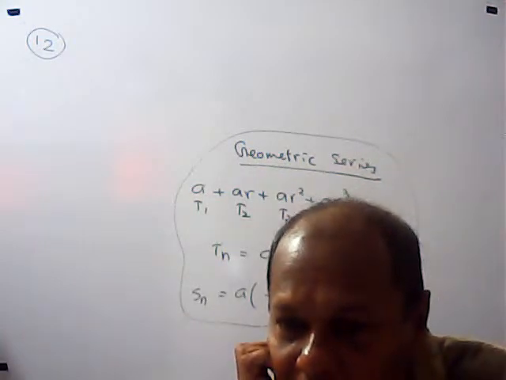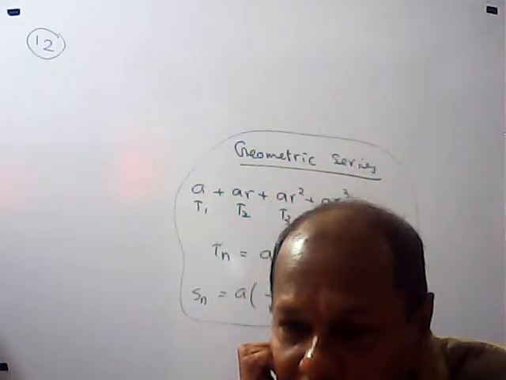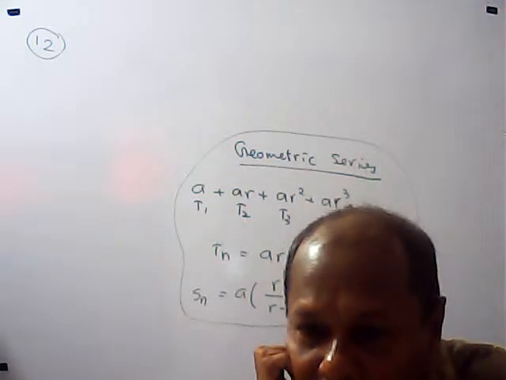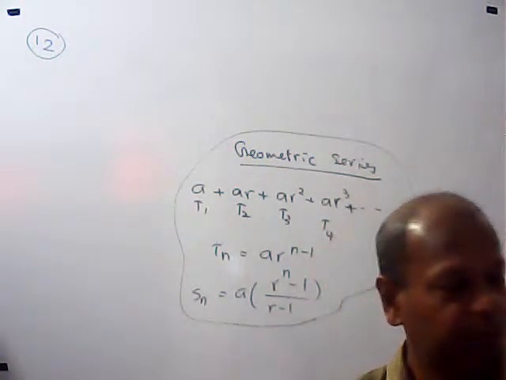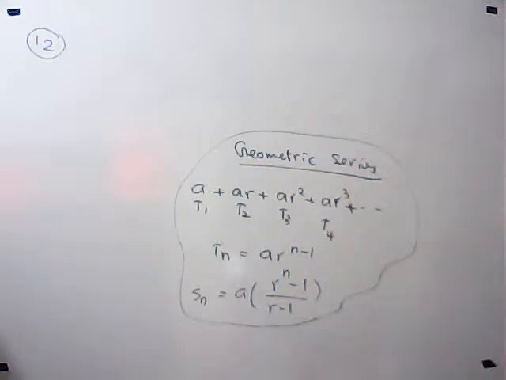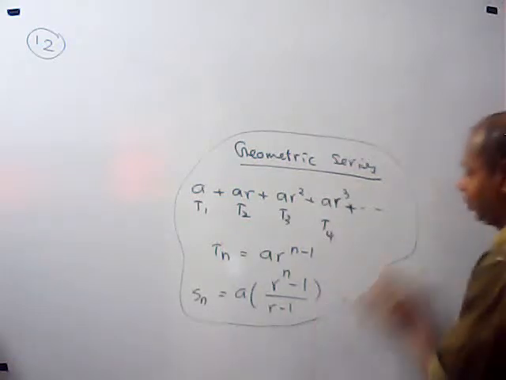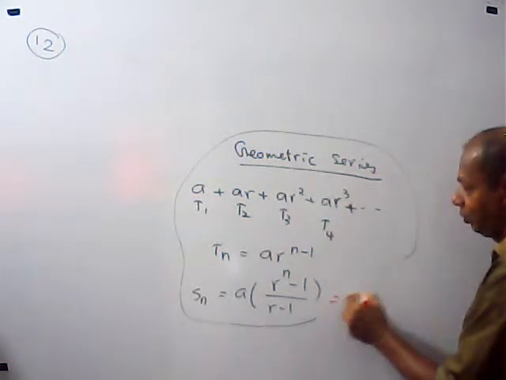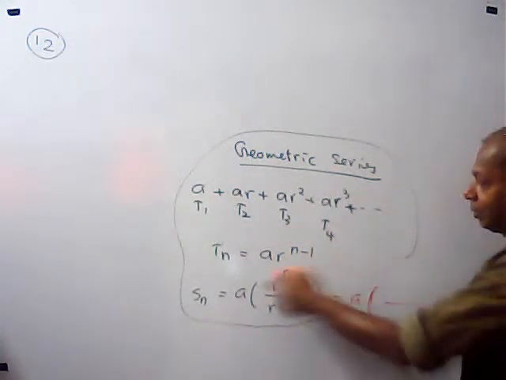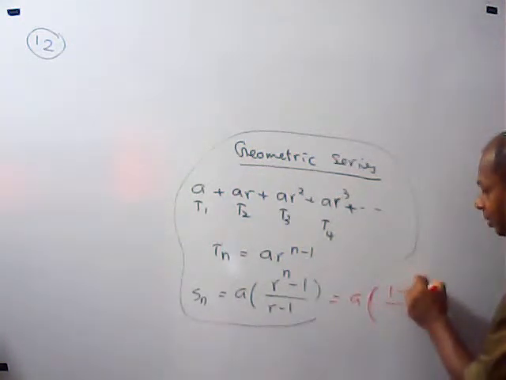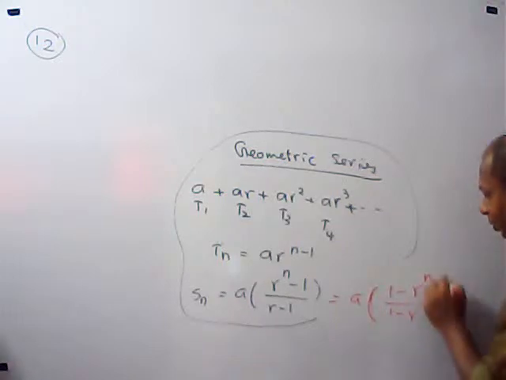Isn't there any other equation which we use when R changes? If you want, you can switch these two, both the numerator and denominator. 1 minus R^n over 1 minus R will be the same.